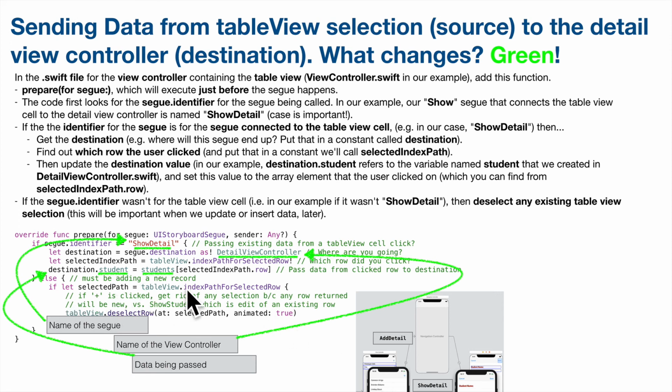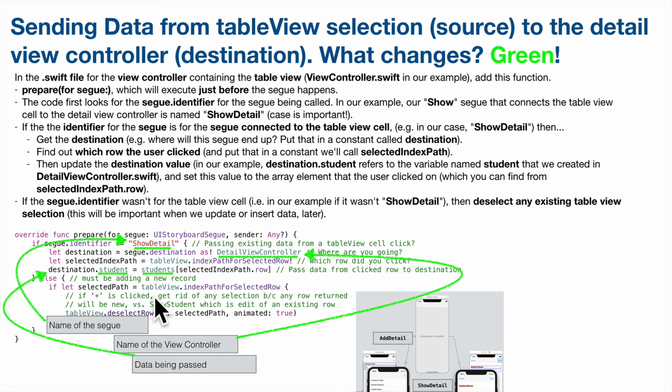And the reason why we're doing that is when we finally come back, we're going to take a look when we come back from this direction and say, hey, is there a selection? If there is, then we'll update what we've edited. But if there's no selection, that must mean we clicked on the plus button because we cleared out any existing selection when we click on the plus button. So that's why we get rid of the selection.